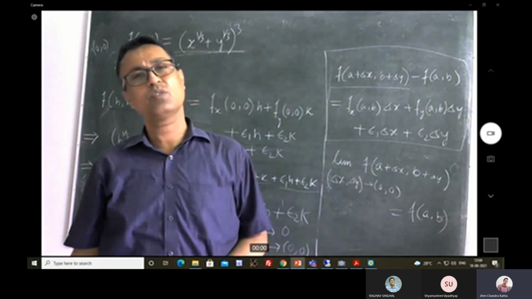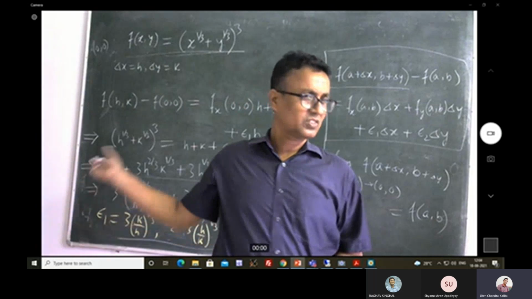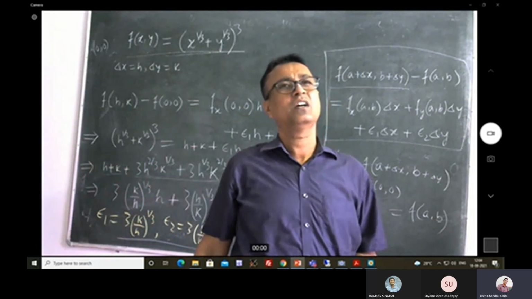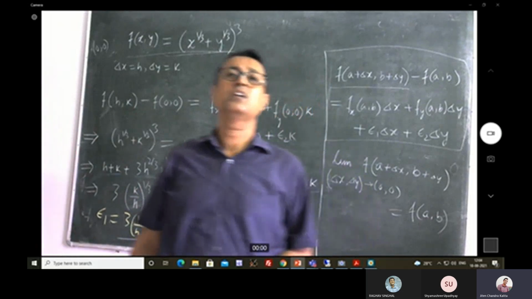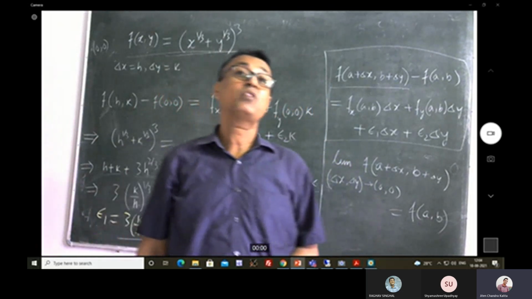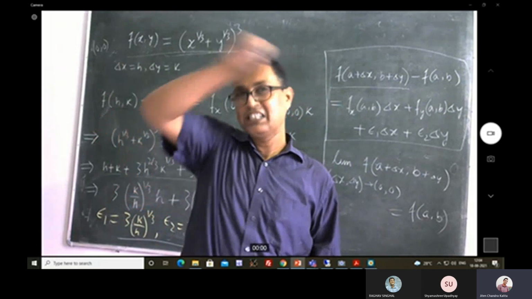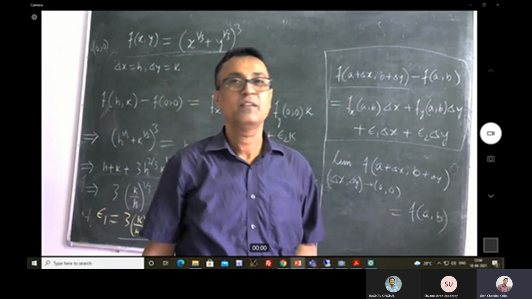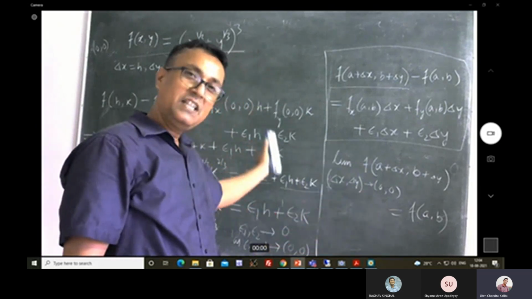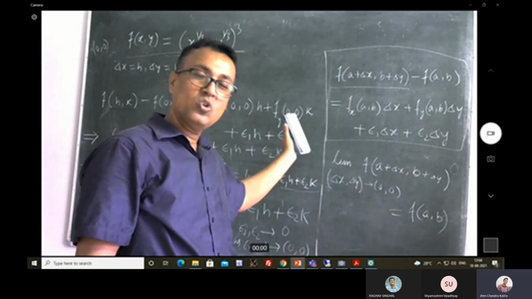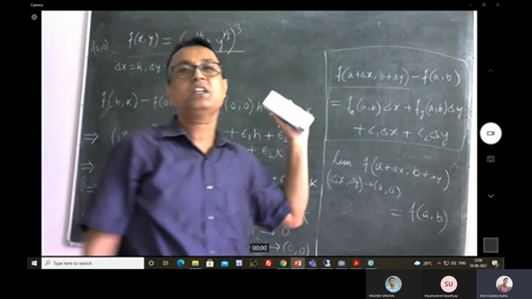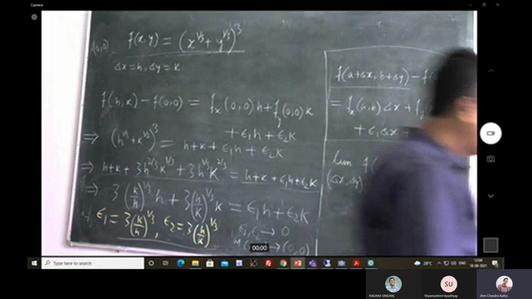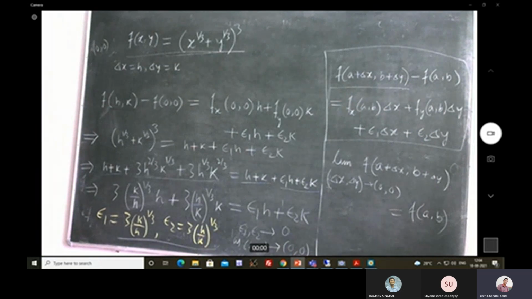As I have already told you earlier, at (0, 0), if you calculate the partial derivative simply by differentiating the original function, that may not be correct, because we are talking about this incremental change at (0, 0), which is a very sensitive point. So it makes sense sometimes to find the partial derivative at certain points from the definition.